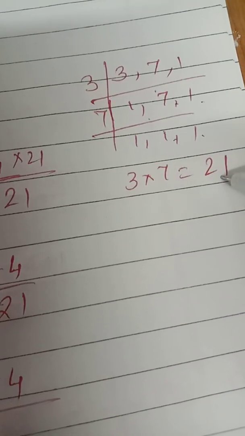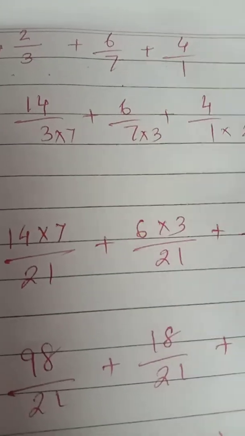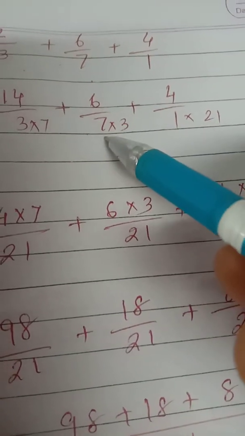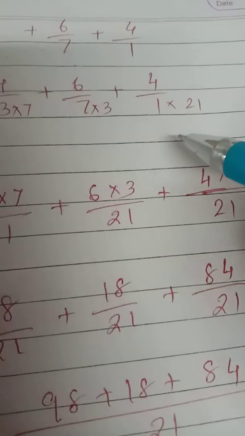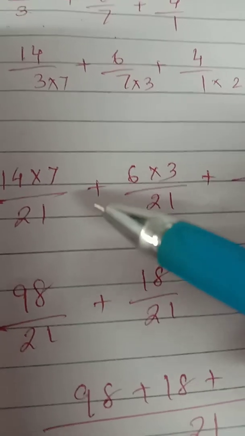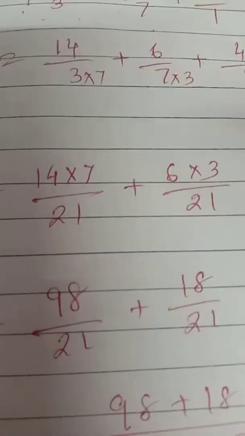Now divide this 21 by all the denominators. 21 divided by 3 gives 7. 21 divided by 7 gives 3. 21 divided by 1 gives 21. Now whatever quotient comes, multiply it with both denominator and numerator.